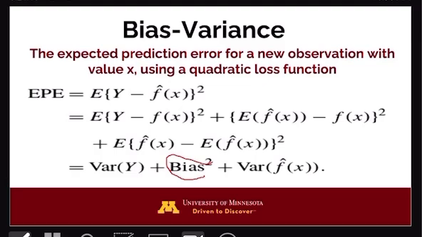Because they want to have what I call adequate representation of their function, the underlying function. That's why they are reducing bias. I'm going to say that again. They reduce bias for them to have adequate representation of the underlying function.